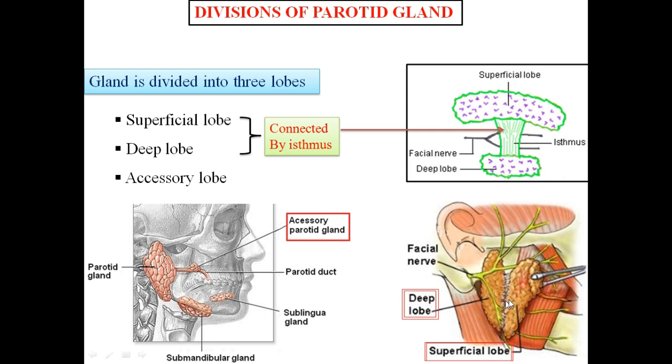You can see in this image the facial nerve with two trunks, temporal trunk and cervicofacial trunk, that divide the superficial and deep lobe. The accessory lobe is present above the parotid duct.